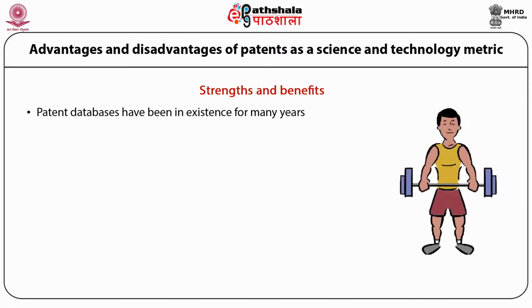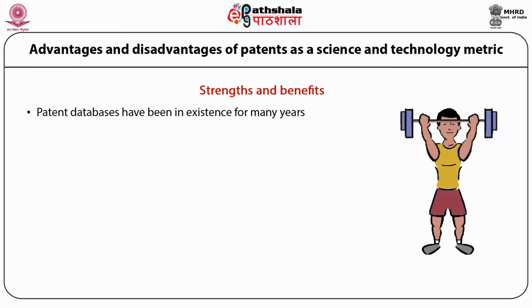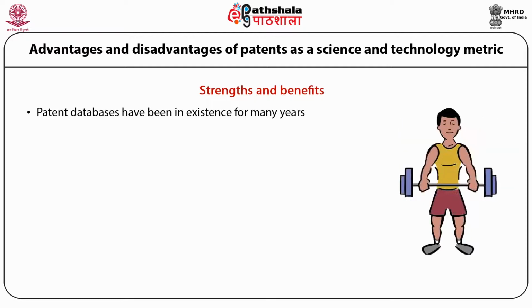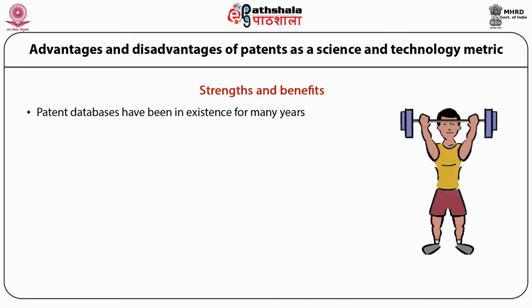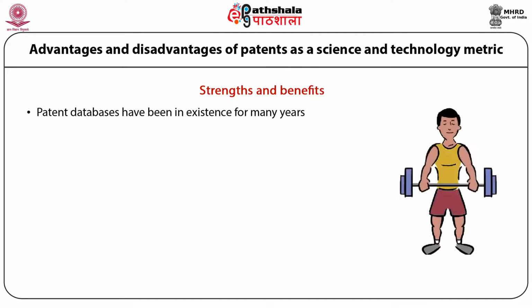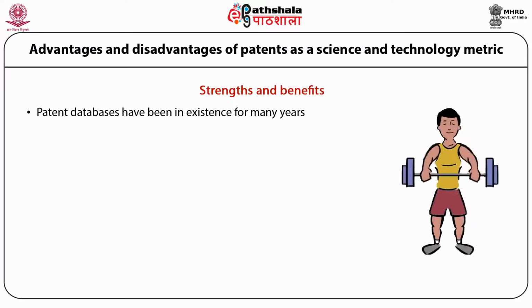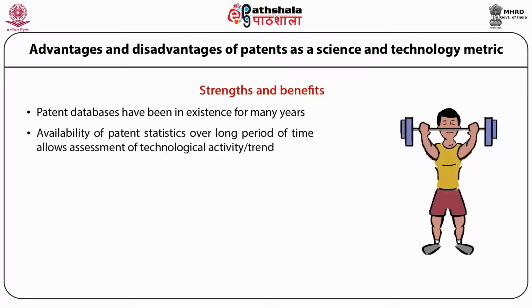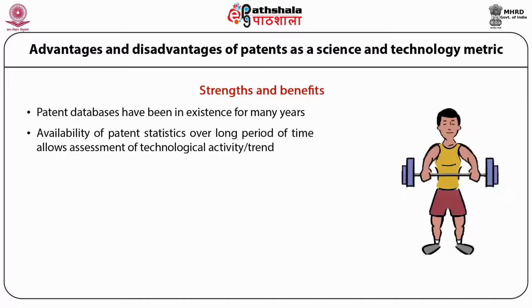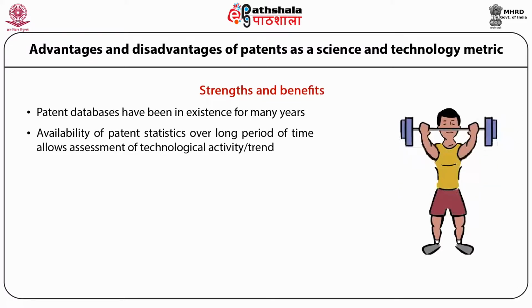For the Indian Patent Office, you can trace it from 1911 onwards. In the US Patent Office, it goes back to the 17th century. Availability of patent statistics over a long period of time allows assessment of technological activity trend.